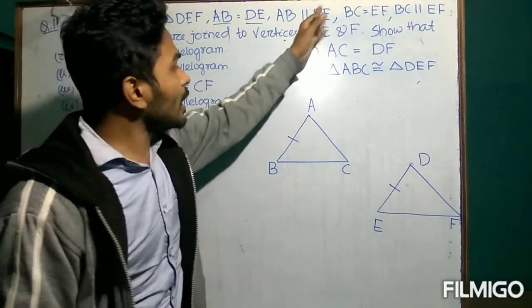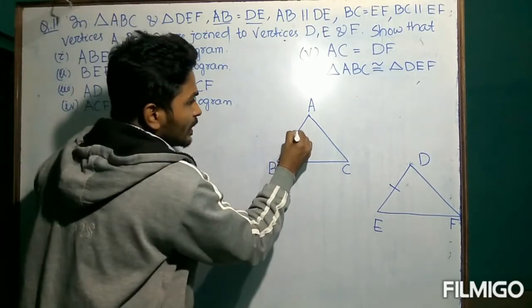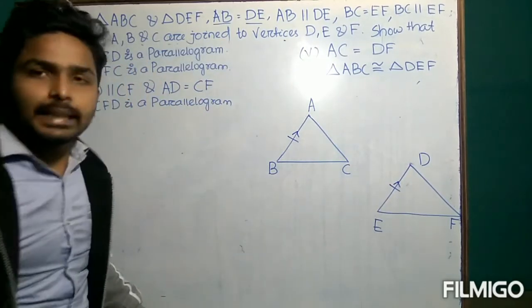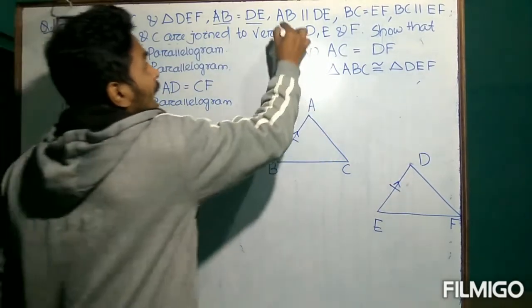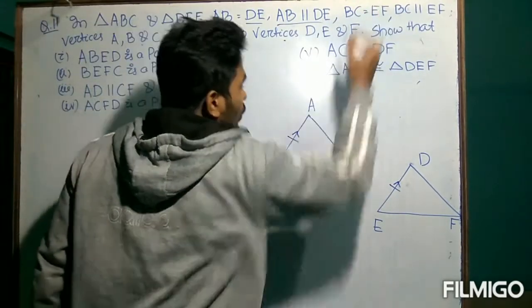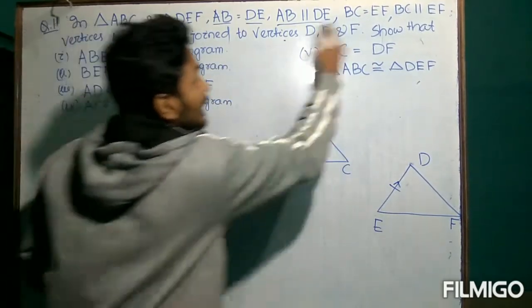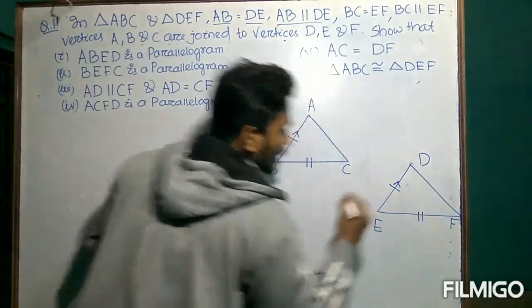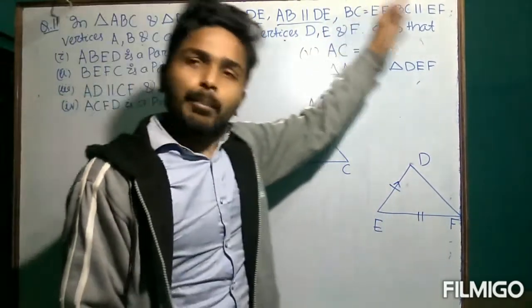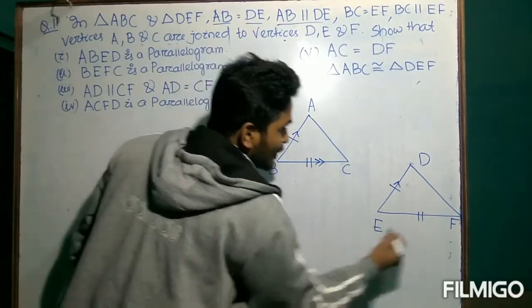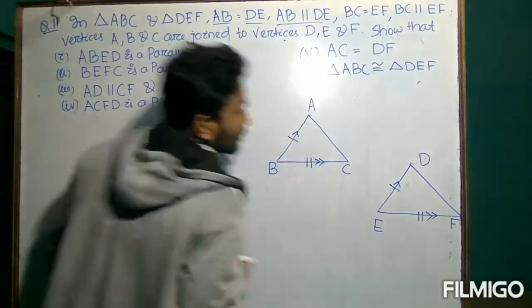And AB is parallel to DE. And BC is equal to EF, and BC is parallel to EF.